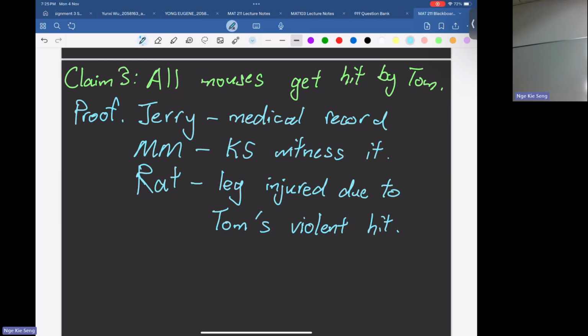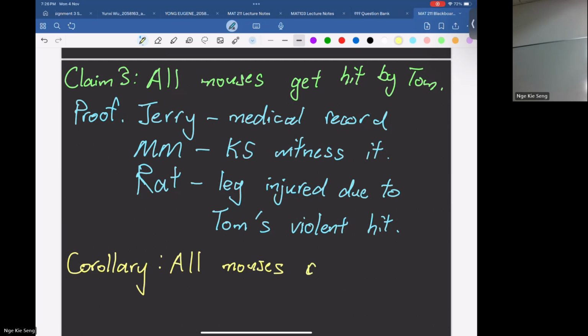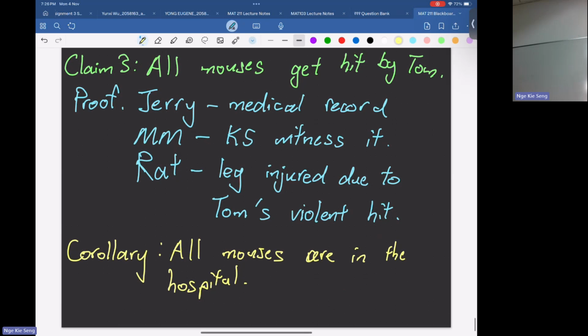Then we can put a corollary here: all mice are in the hospital, by claim 3 and the theorem.